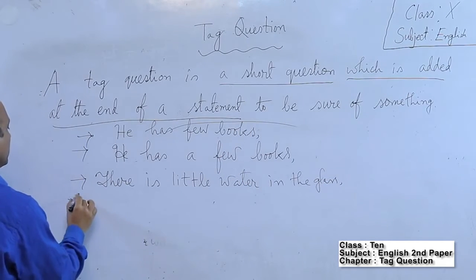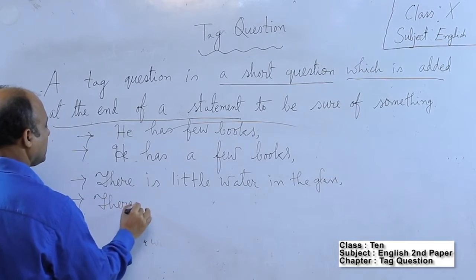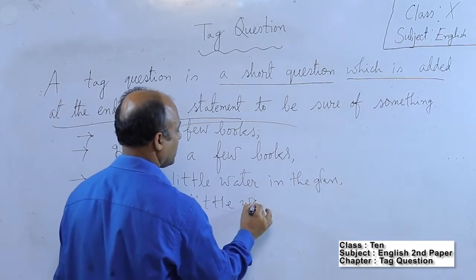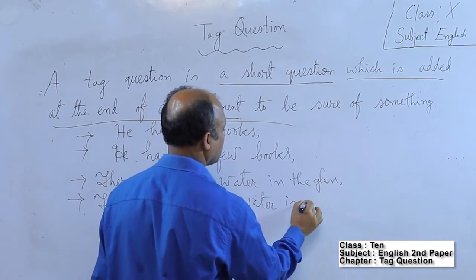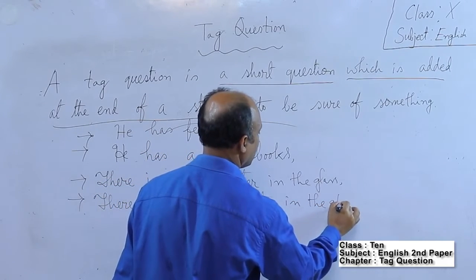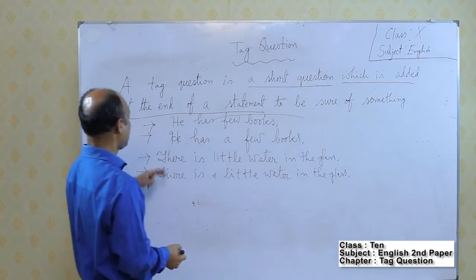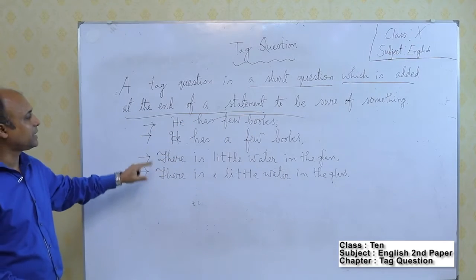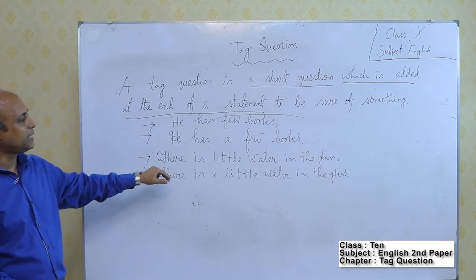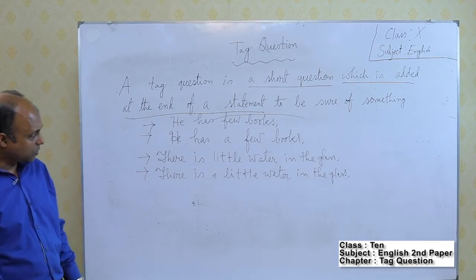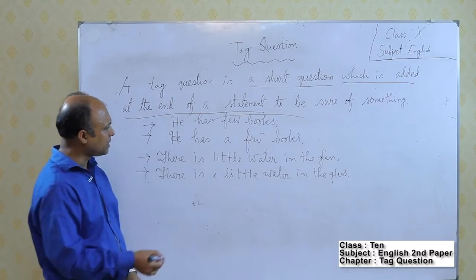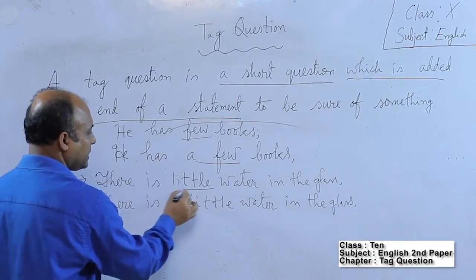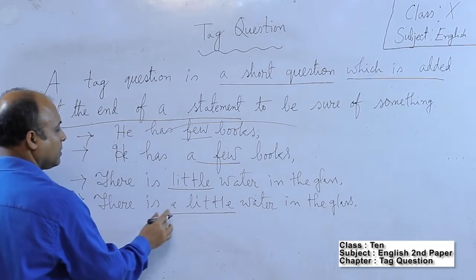Then there is a little water in the glass. You see these 4 sentences. He has few books. He has a few books. There is little water in the glass. There is a little water in the glass. So observe these sentences. Here few, and here a few, and here little, and here a little.